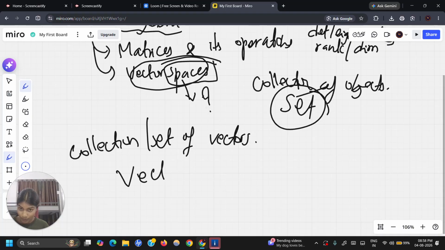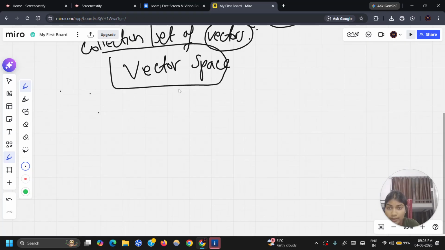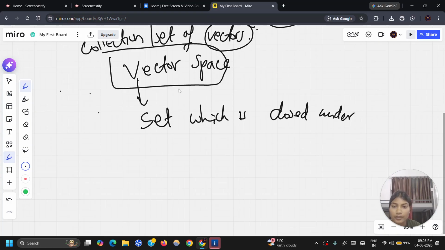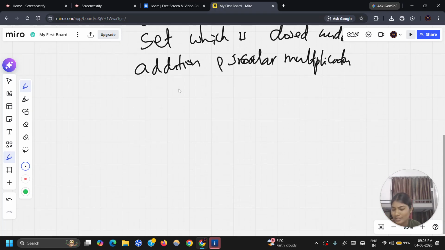Generally they say that a vector space is a set which is closed under addition and scalar multiplication. But I don't like this way, so let me say what a vector space is differently.